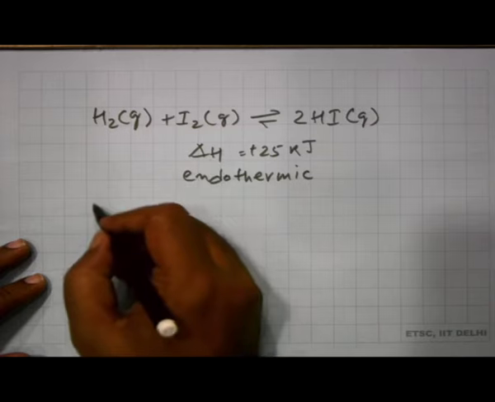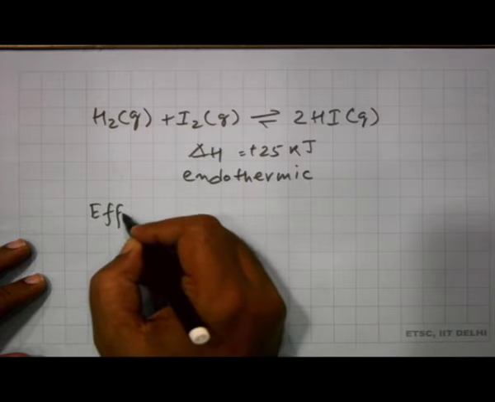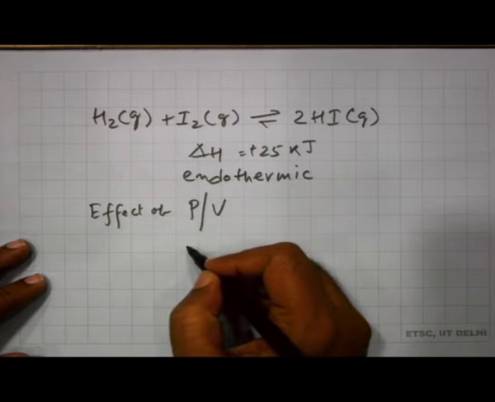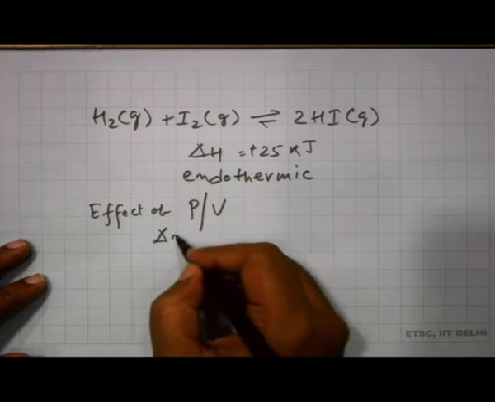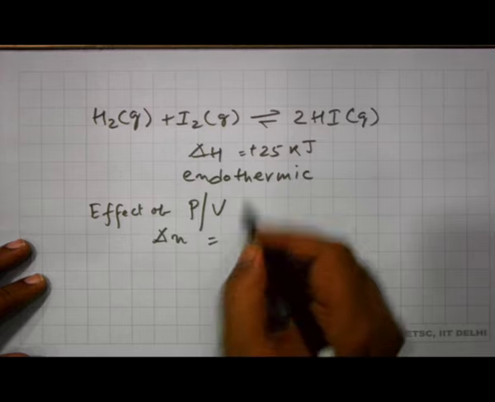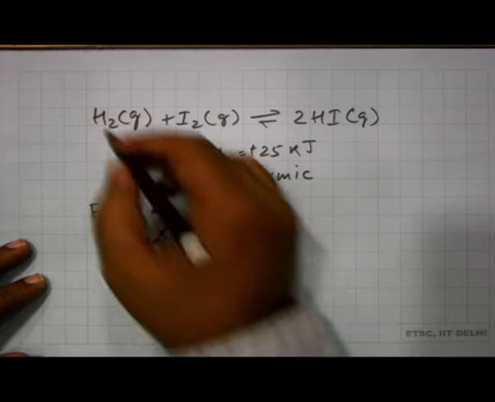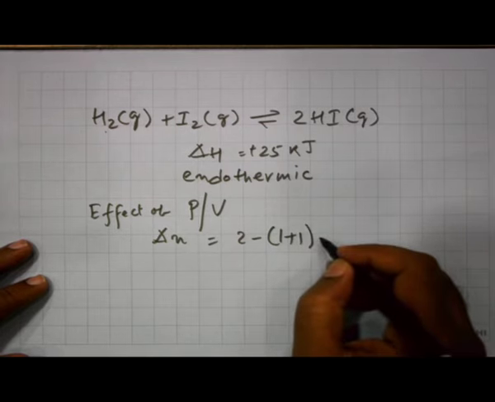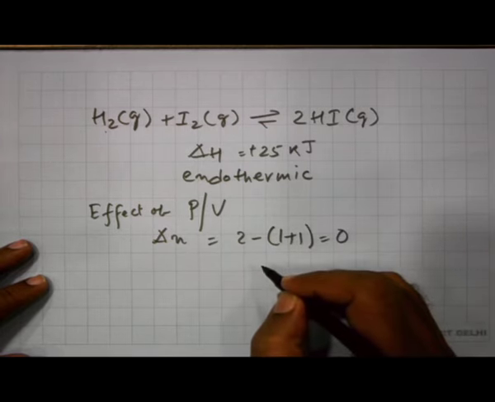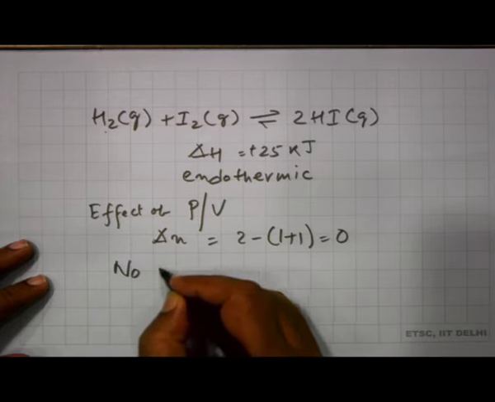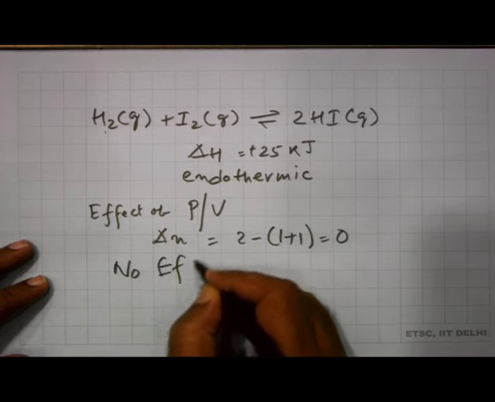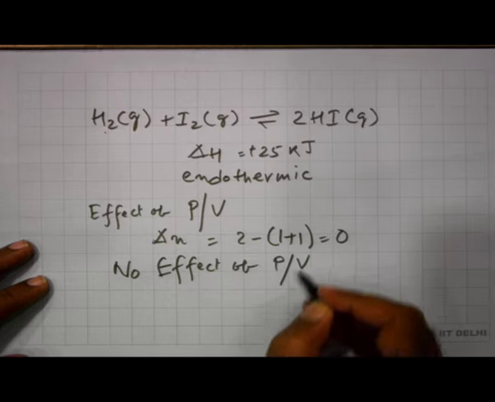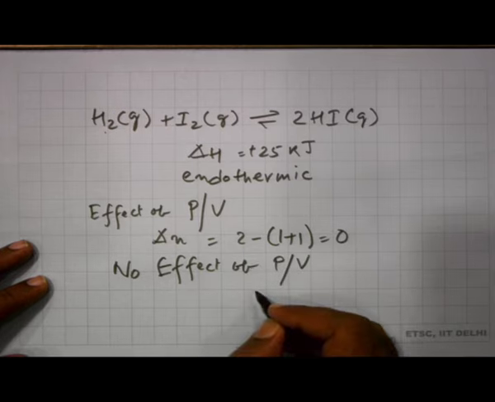So, suppose if we are trying to look at effect of pressure or volume, first we calculate delta n, and delta n here is 2 minus 1 of H2 and 1 of I2, and so this is 0. So, no effect of pressure or volume. What about others?